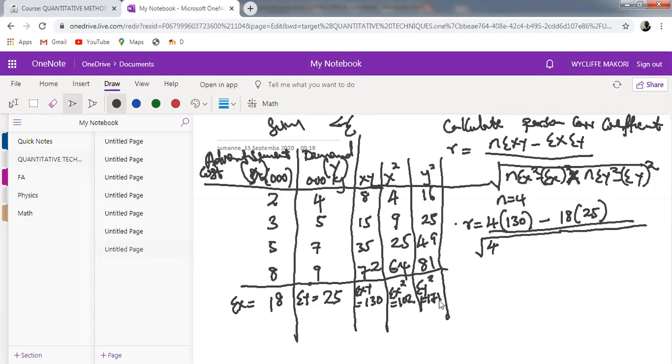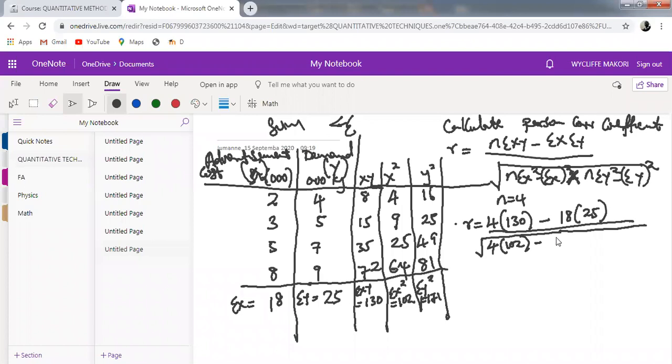It is n summation of x squared. Summation of x squared is 102. So it is times 102 minus the summation of x into bracket squared. The summation of x into bracket squared is the same as 18 into bracket squared.